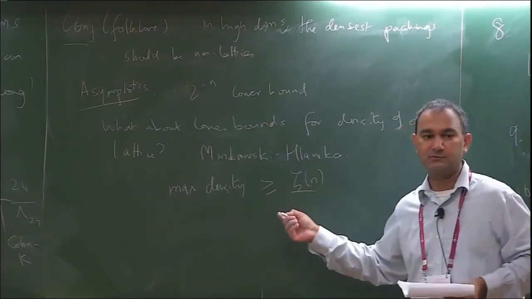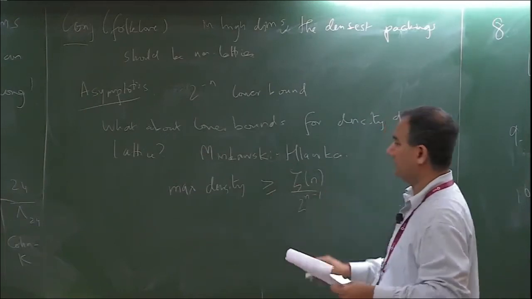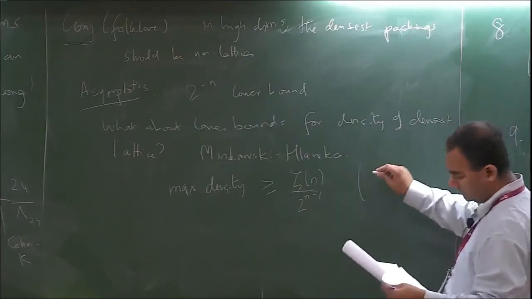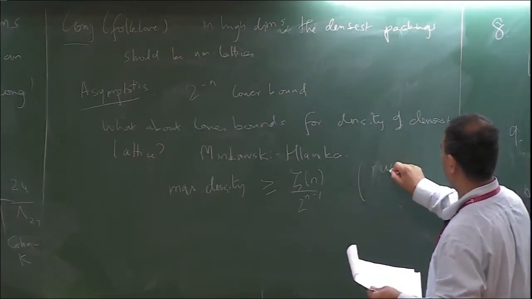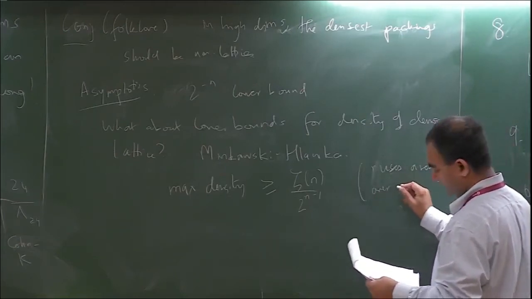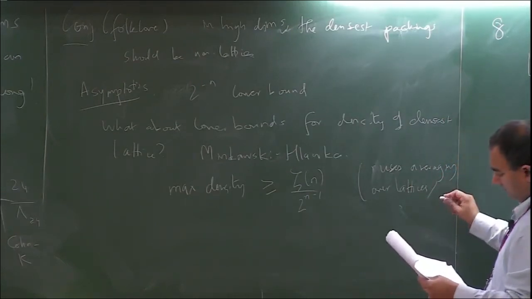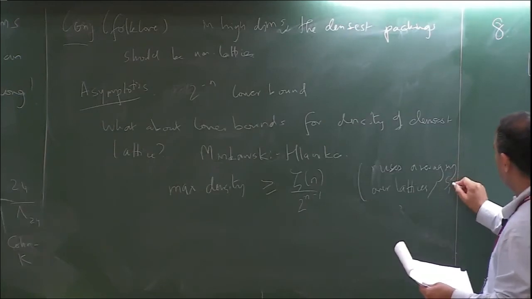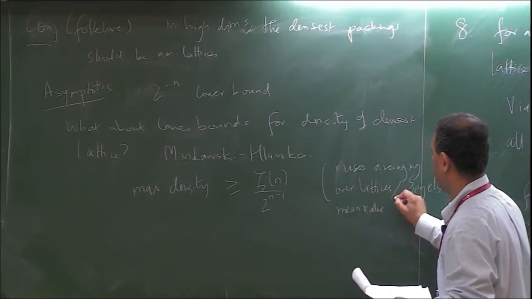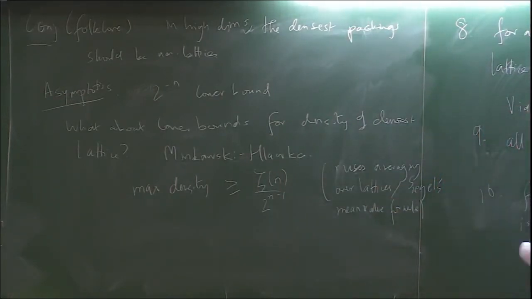Zeta of n is pretty close to 1 for n large, so you just think of that as 1. So not really much better than the 2 to the minus n that I wrote down. Roughly the idea uses averaging over the space of lattices. You can also think of it as using Siegel's mean value formula, which is basically a technique for averaging something over the space of lattices.